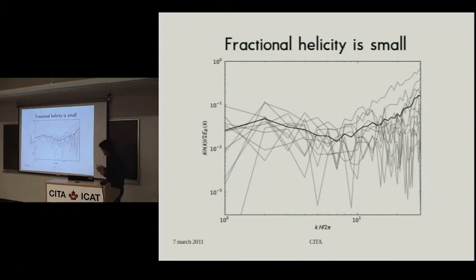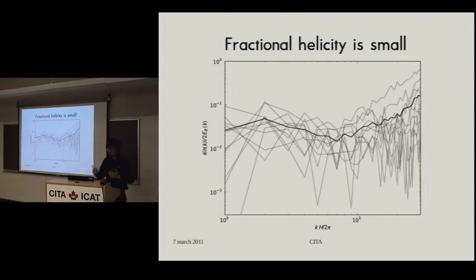So this figure measures the relative helicity, the fractional helicity. A magnetic field can be maximally helical if you construct it in such a way. There's a maximum helicity that any given field can take on geometrically.